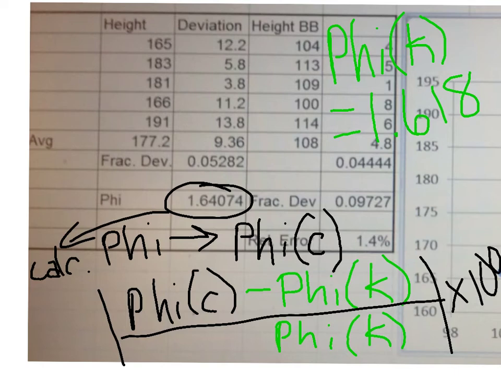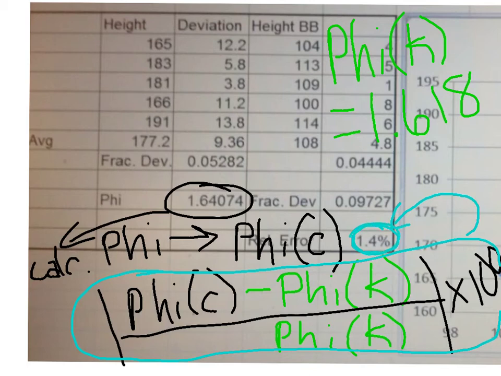This whole thing right here is the calculation necessary to get this number right here.